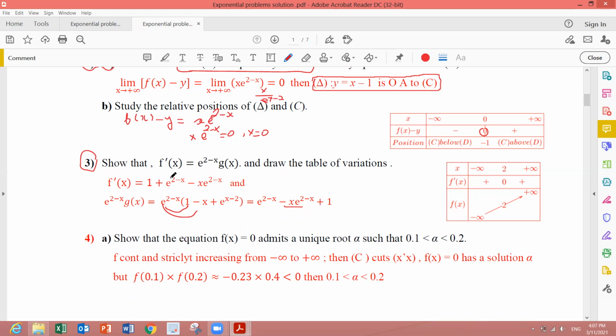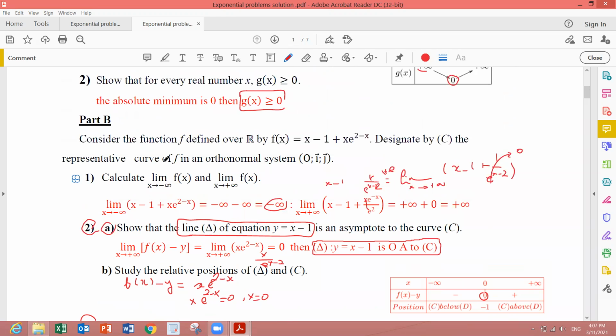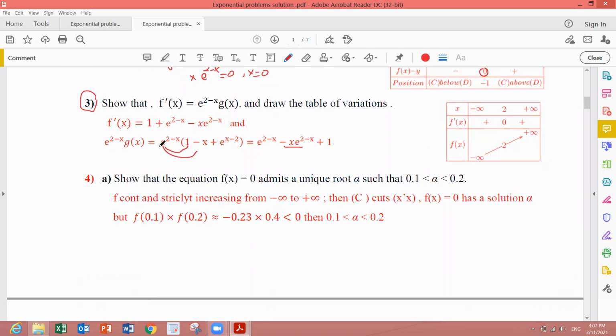So they are equal, meaning f prime has the same sign as g. f prime x has the same sign as g(x), but g(x) is greater than or equal to 0, which means f prime x is greater than or equal to 0.